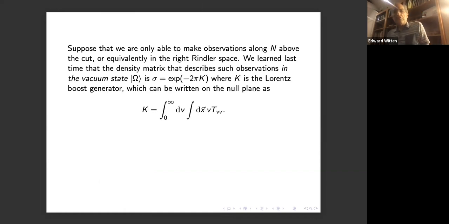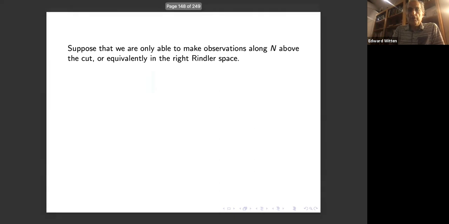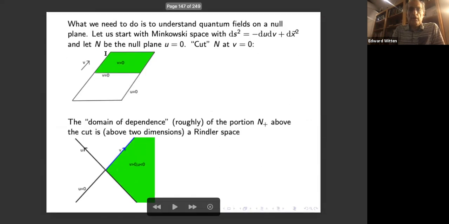We learned last time that the density matrix that describes such observations in the vacuum state omega is the exponential of -2 pi k, where k is the Lorentz boost generator. So far, I always wrote the Lorentz boost generator as an integral over time 0. But precisely because we can also use this upper part of the Rindler wedge as an initial value surface, we can alternatively write it as an integral just on that surface.